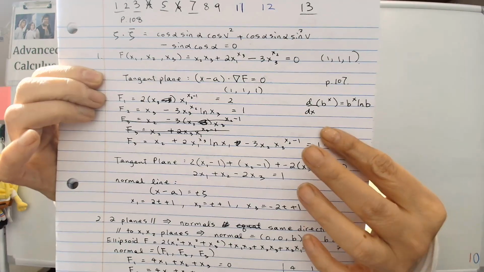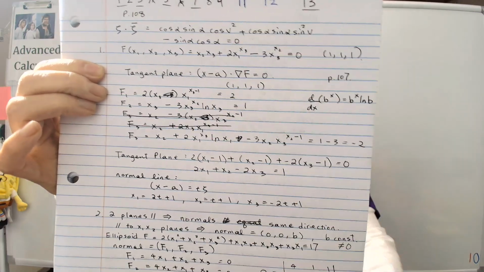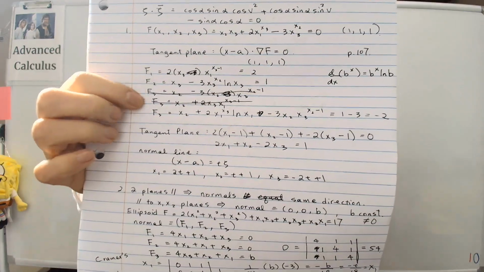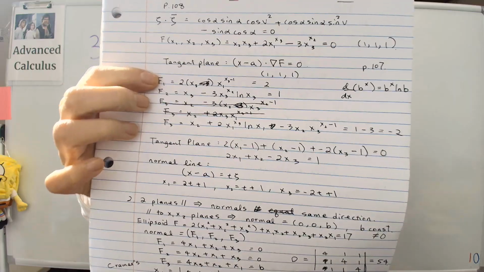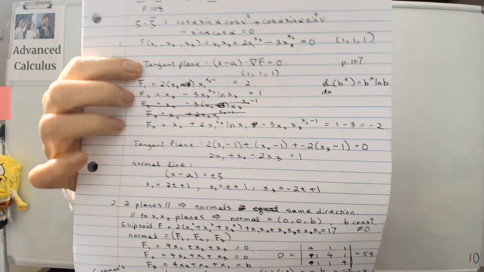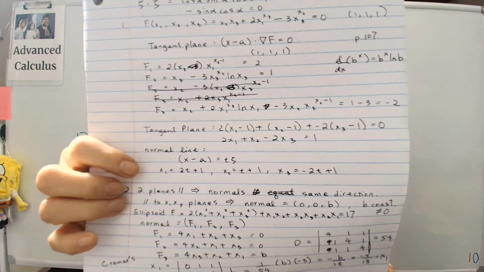But once you remember how to take the derivative of something where x is on top, then you're okay. Then you figure out what all these things are, which gives you grad f, which is the normal, and the tangent and the normal should come out very nicely.